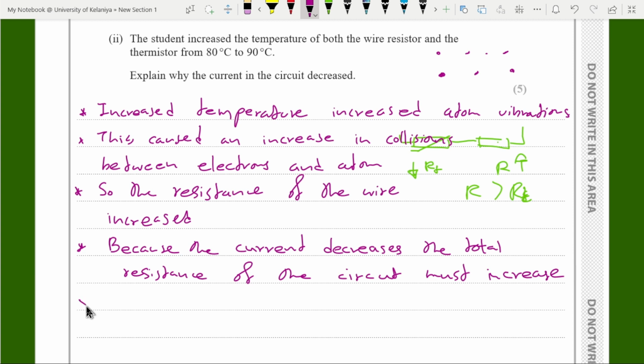And the last point, what should it be? The increase in the resistance of the wire resistor must be greater than the decrease in the resistance of the thermistor, right? So you have to mention that one.